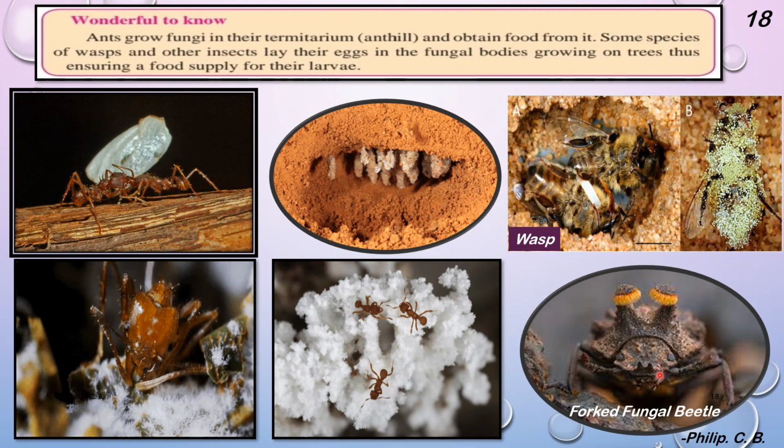And one more interesting aspect here, an insect, or we can say a beetle, on its antenna we can see here the forked fungus beetle, the name according to the image of the species. If you see the yellow colored structures, they are nothing but fungal growth. Now when the female lays eggs, they are laid at this region where the eggs, when they hatch out, can utilize the fungus as food. So something interesting, right?